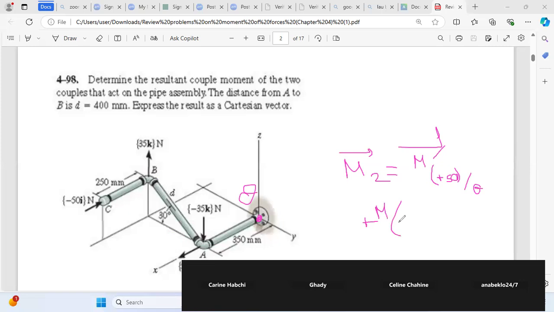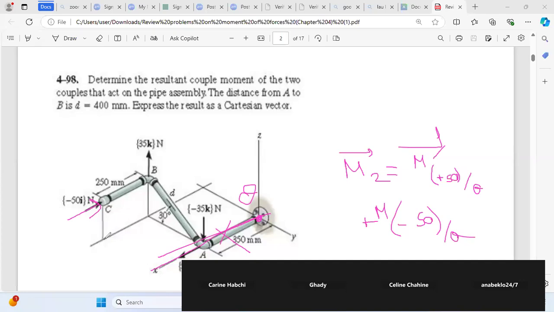Why is the moment of 50 easy? What is the moment of 50 about O? Zero, because this force passes through O. So this will cancel out, and I just have to find the moment of the other force about O. This force is parallel to X, so it gives no moment about X. For the moment about Y, I can use the right-hand rule.